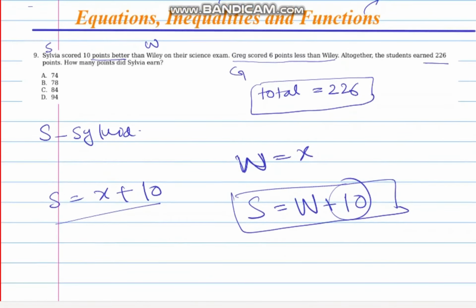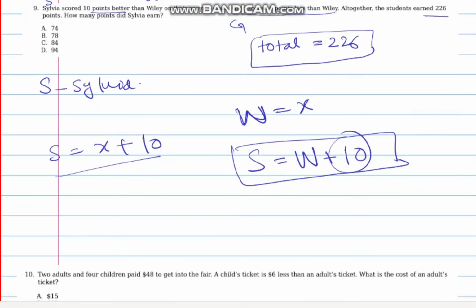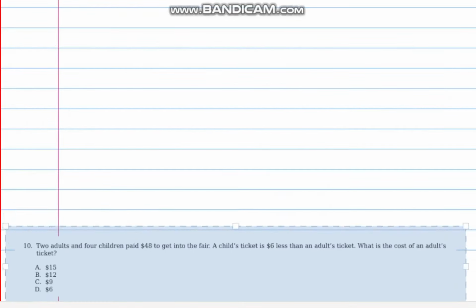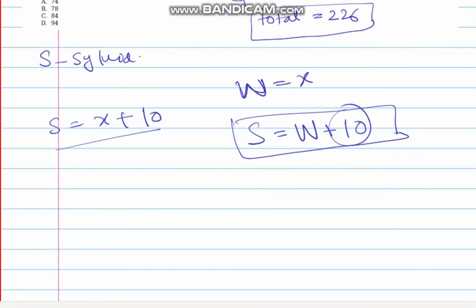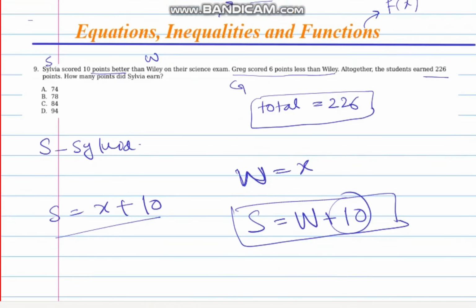Now please compare Grej. Grej scored 6 points less than Ville, like this. Let me bring down the question here. Grej scored 6 points less than Ville.